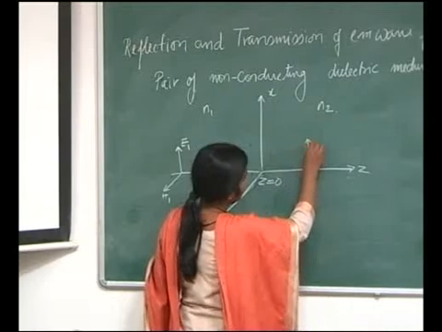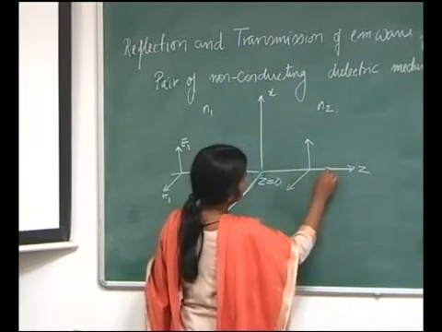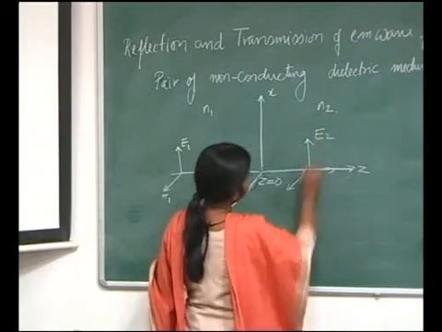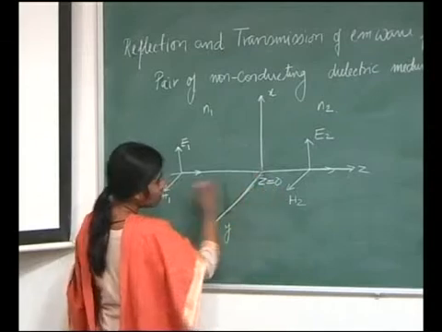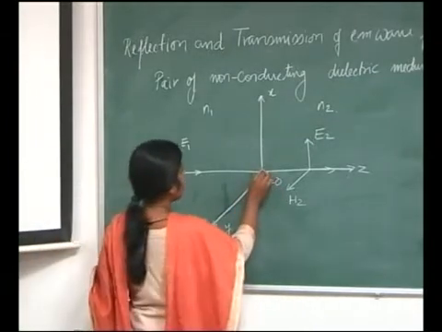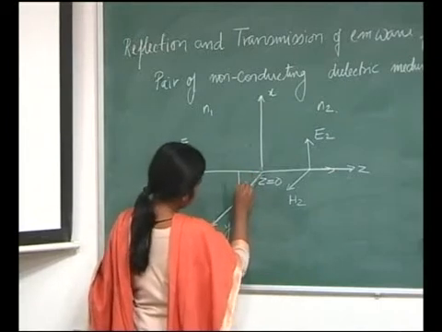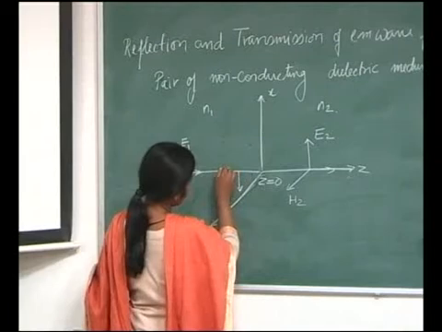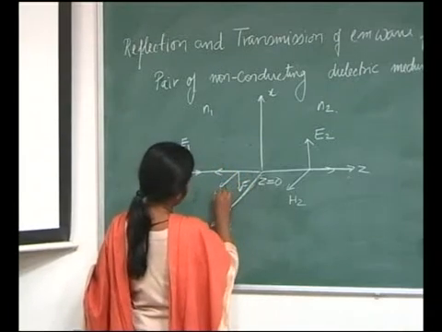If it is a non-conducting medium, then this is the transmitted component and I call this E2, H2, and it is moving in this direction, but the reflected component will move back, okay. So, I will have something like this here. E will go like this, this is E and this is H.